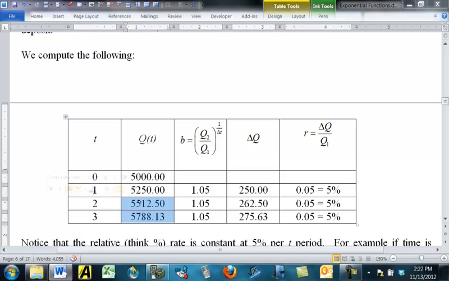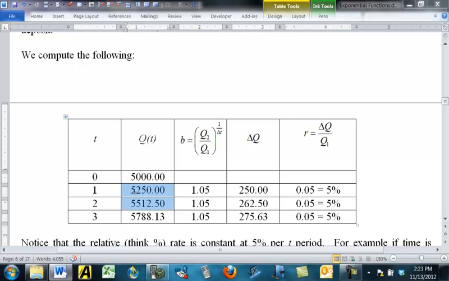But if you look, you divide these. Delta t is just 1, so the base is just q2 divided by q1 to the 1 over delta t power, so it's just q2 divided by q1. Try this out on your calculator. Divide 5,250 by 5,000, and you're going to get approximately 1.05. And if we do the next one, divide those two.